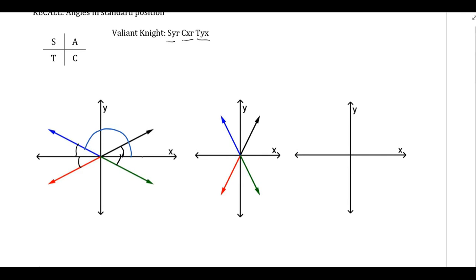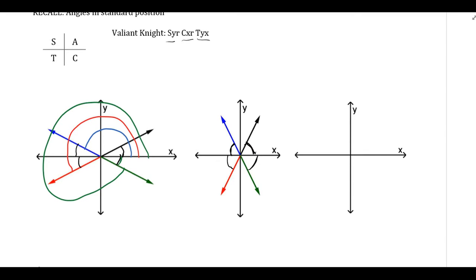Or for the red one, it always starts here and goes all the way around like that, and then for the green one, it goes all the way around like that, but it has this small related angle still. And then if I make the angle bigger, it's the same thing. All these angles are equal. The angle that it makes with the x-axis is always the same, but the angle around, you can see, is different.